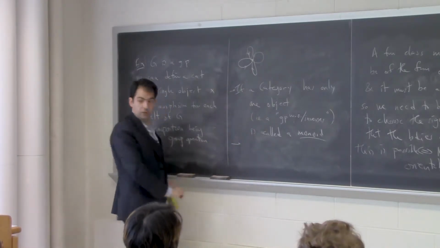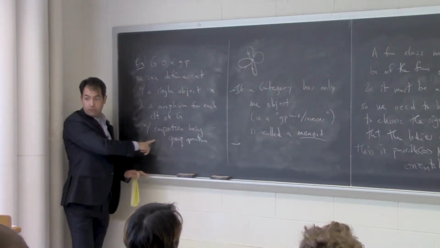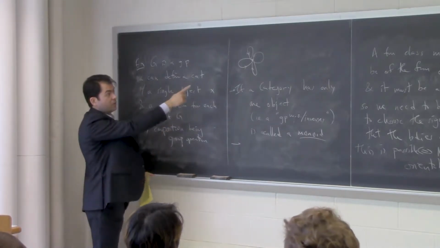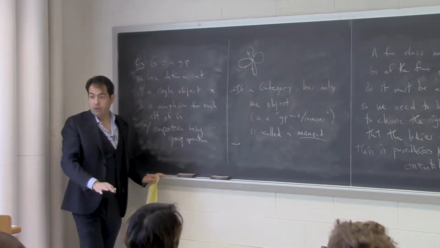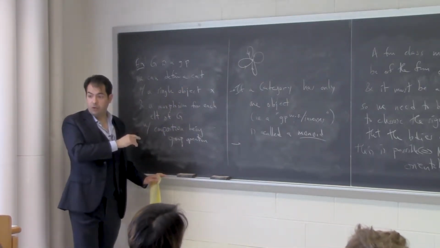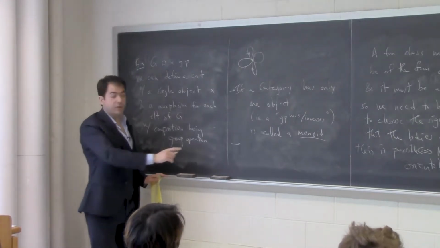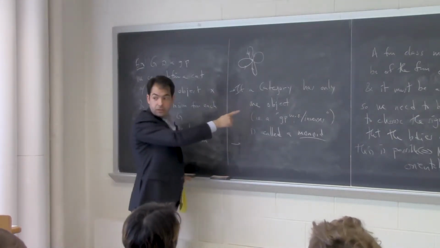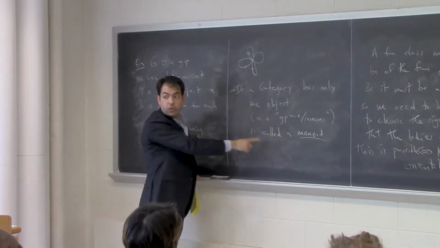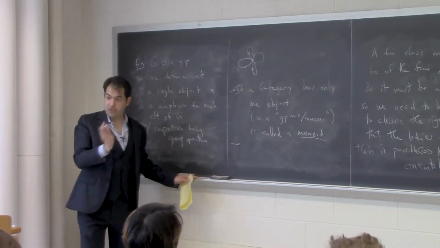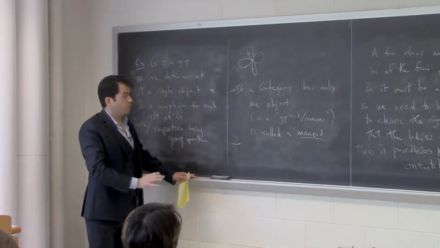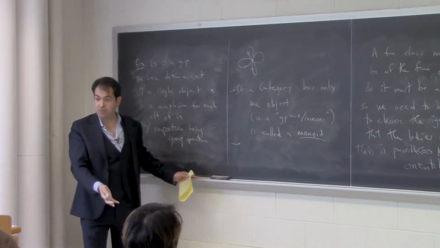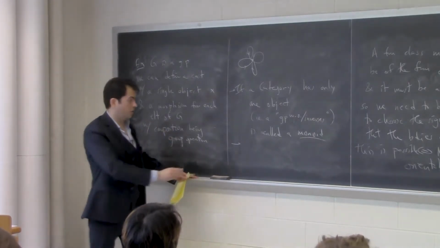For a group, you have inverses. We're going to generalize a group in two directions. We're going to pick one aspect we like, and ignore everything else. If we keep the fact that it has one object, then there's no reason for things to have inverses. We call that a monoid. A different generalization: let's relax the fact that it has a single object, but keep the fact that it has inverses.